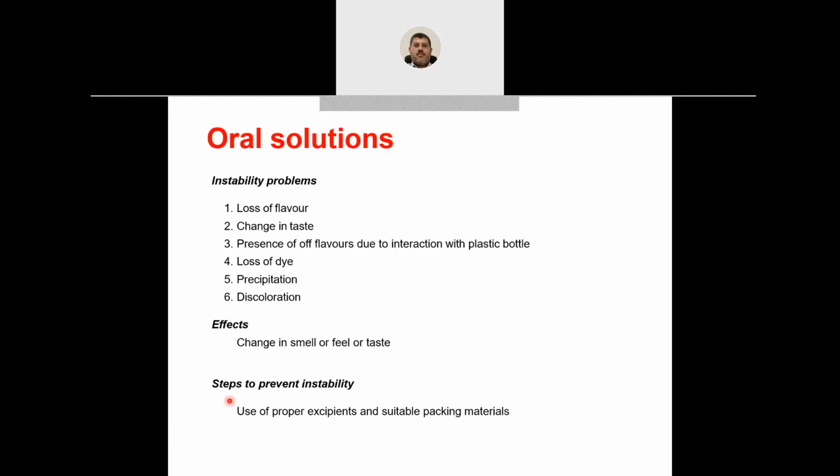So you store your active ingredient with each excipient separately, expose it to a stress study, and then see if there is interaction between them. At the end, excipients that don't show any interaction are compatible with the drug, and then they can be used.